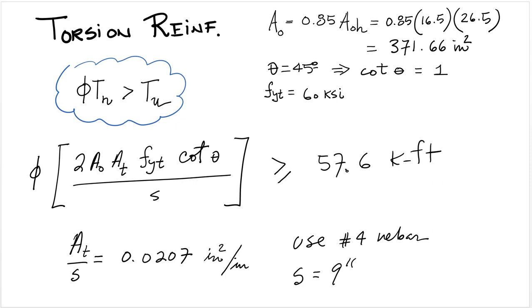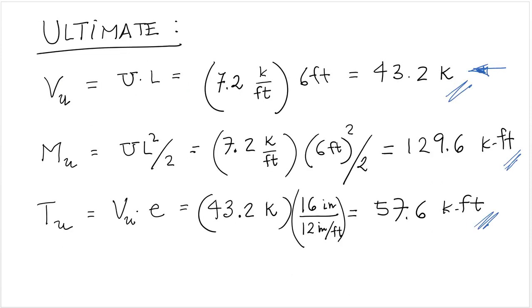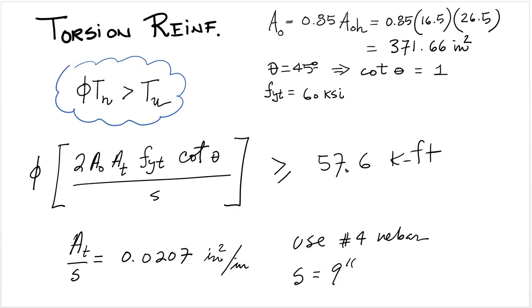And Tu is the value of the ultimate torsion that we already obtained before, which is 57.6 from our analysis. From here, what we are interested in is determining At over s, which is the amount of torsion reinforcement per spacing. And so we are going to solve for that from this formula here.